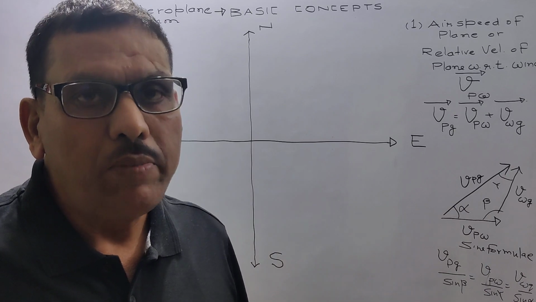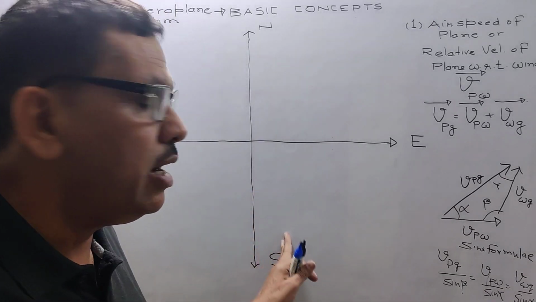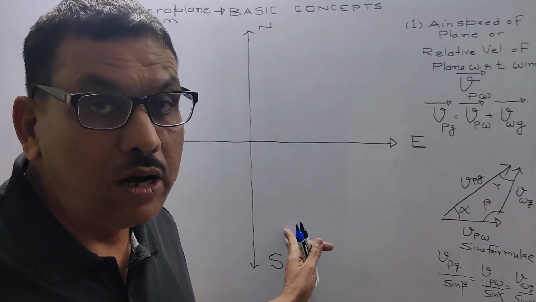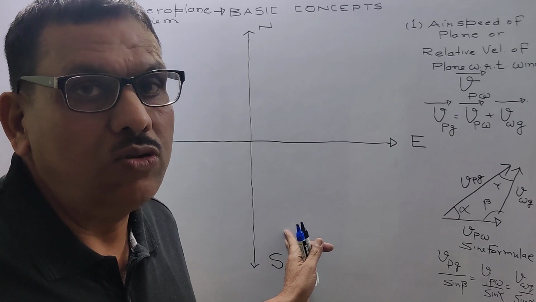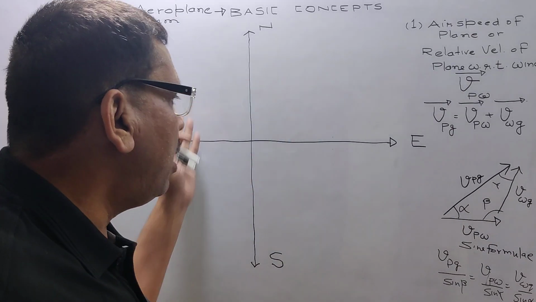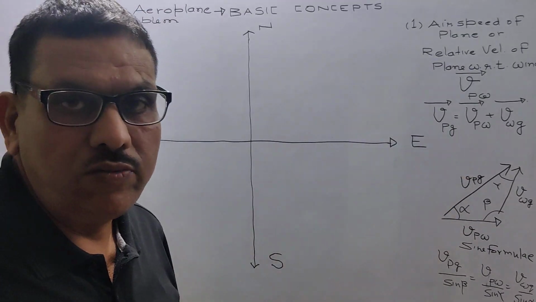Suppose I say the plane has to land in southward direction. It means that is the actual velocity of the plane with respect to ground. That is not the relative velocity. That is not the air speed. So let us see, I will take a few examples of how we can draw the vector diagram for the velocities.